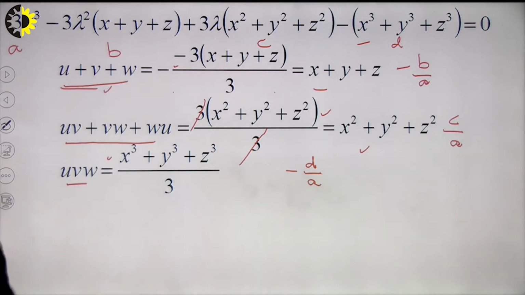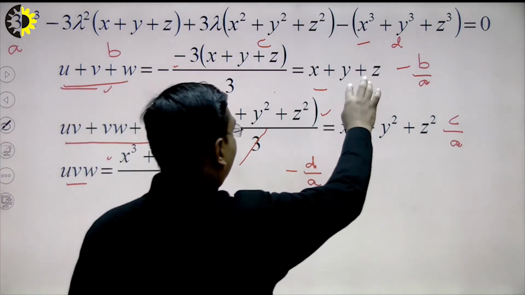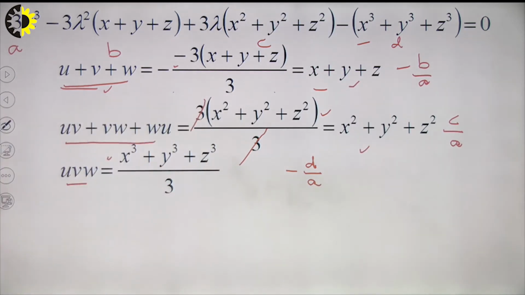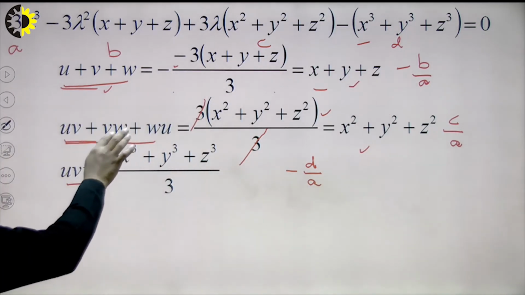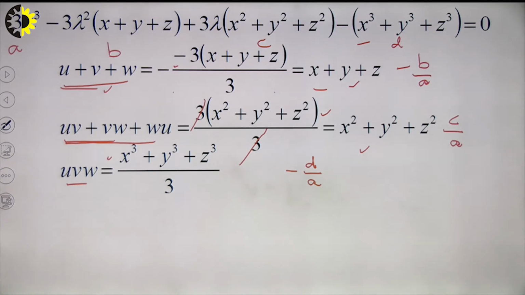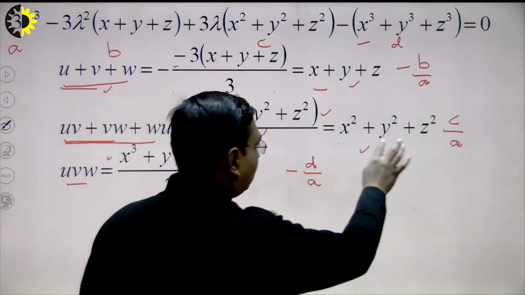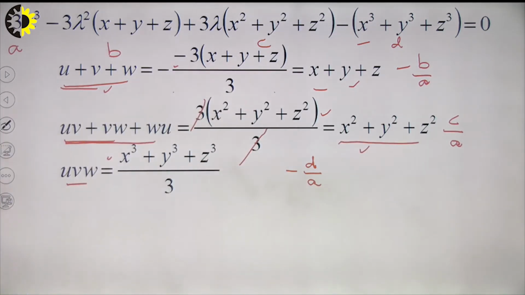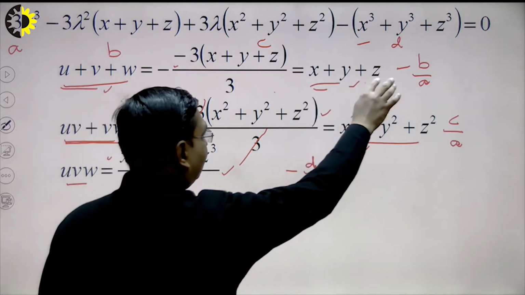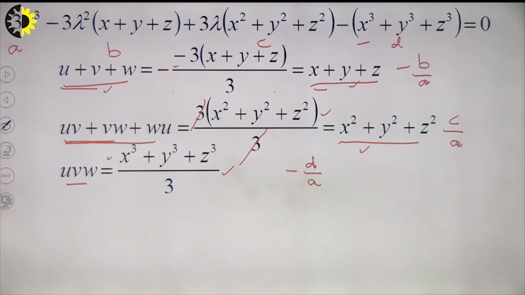One relation is u plus v plus w equals to x plus y plus z. Second relation is uv plus vw plus wu equals to x square plus y square plus z square, and third one is this. Now, with the help of these relations, I can write f1, f2 and f3, and for this I first convert these right hand sides to 0.